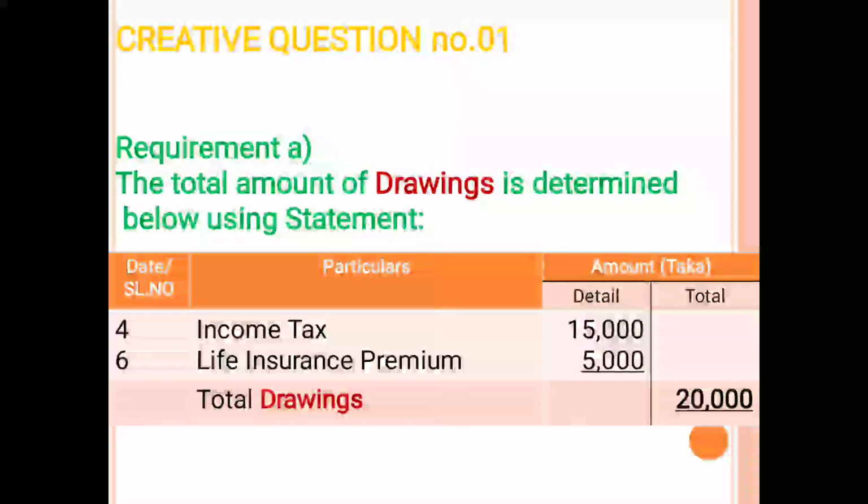Dear learners, you are seeing only two items are related to the amount of drawings. First one, income tax for taka 15,000 and life insurance premium for taka 5,000. Total amount of drawings taka 20,000 in this math. Dear students, you have to write in a hurry.